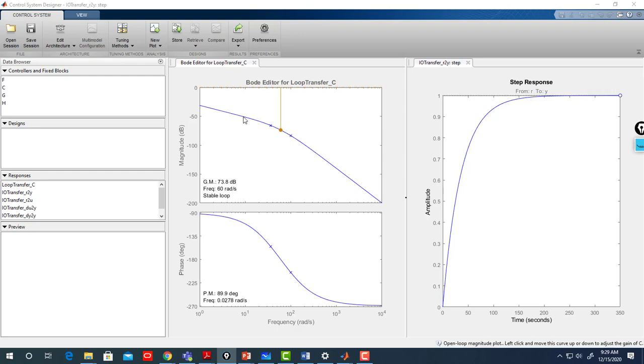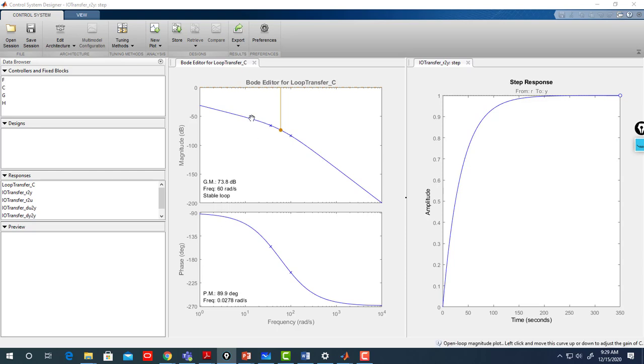So how to find that gain K that leads me to some overshoot? We know increasing the gain will increase the overshoot, right? So look, here you have phase margin, they give you the phase margin, they give you the gain margin.